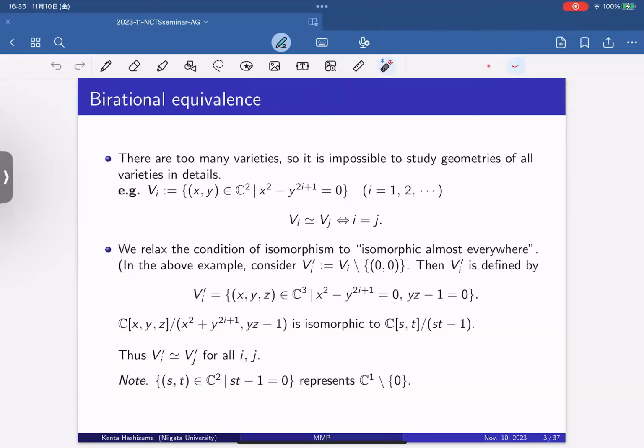Then we can directly check that this ring is isomorphic to this ring. We can directly construct an isomorphism between these rings. And this ring does not depend on i. This shows that V_i' is isomorphic to V_j' for all i, j.